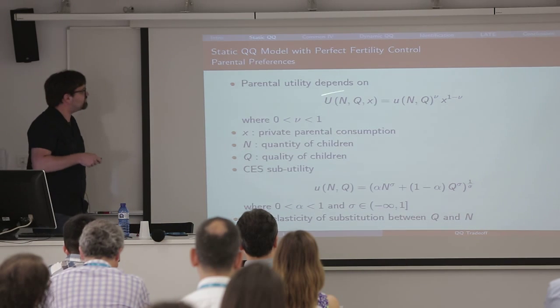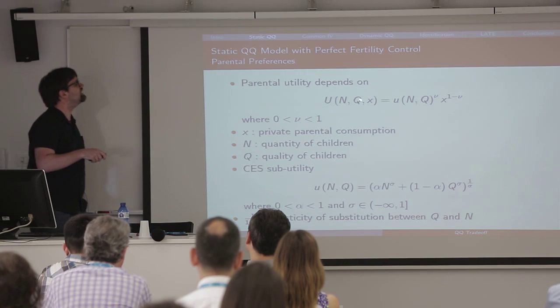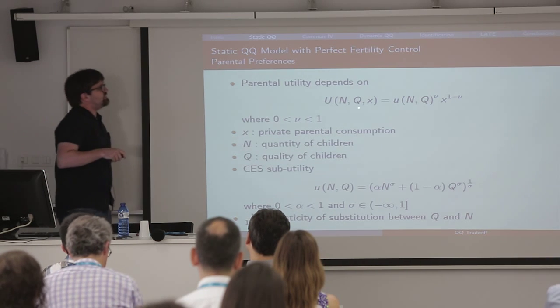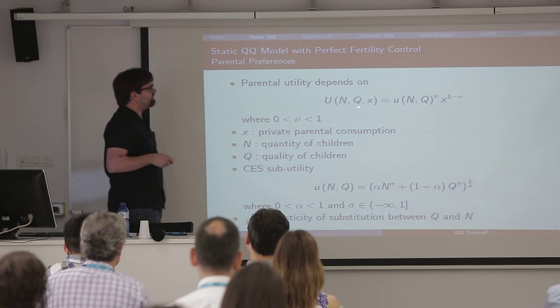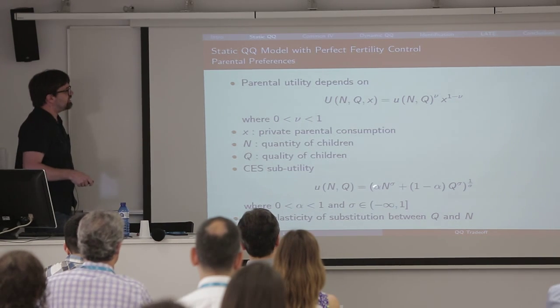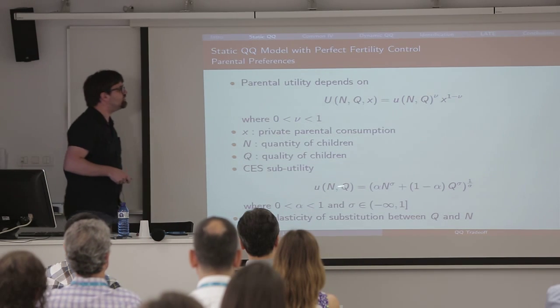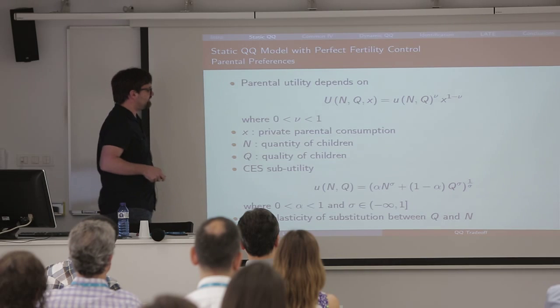In the static model, this follows Magne Mostad and Matt Wiswell's formulation of the quantity-quality static model. So parents derive utility from quantity and quality and their own consumption, okay? And you can combine the utility from children into this sub-utility function, little u, that depends on quantity and quality.